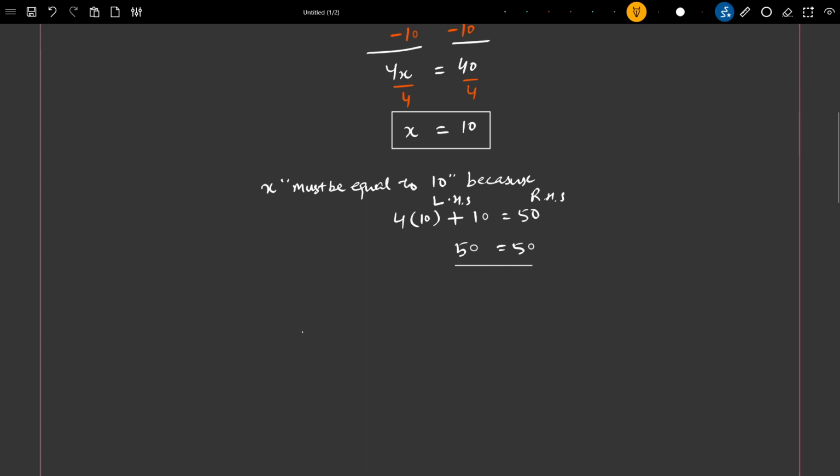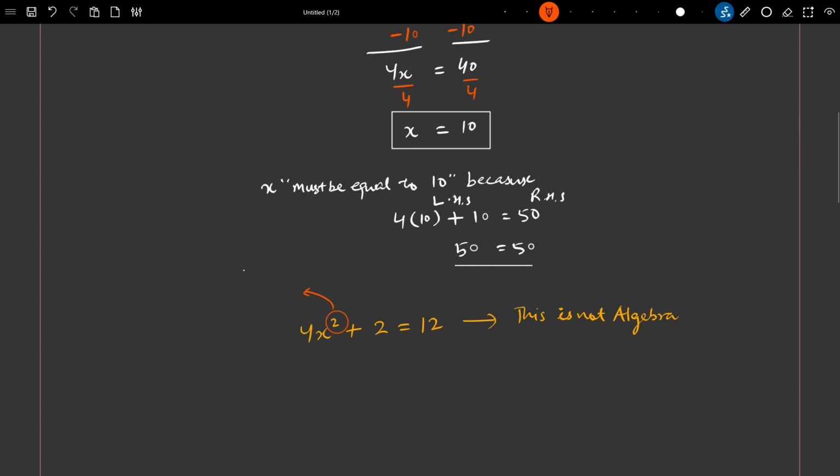So let me consider one equation like 4x squared plus 2 equal to 12. Now this is not algebra because of this exponential term.